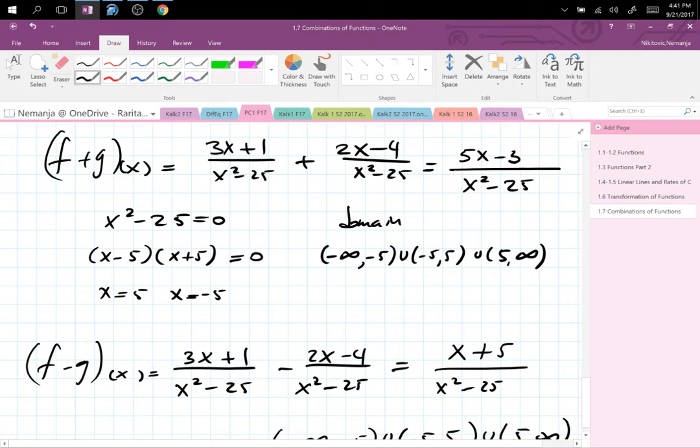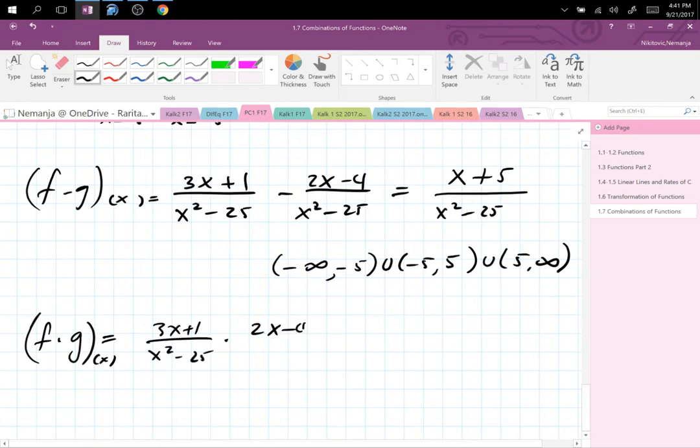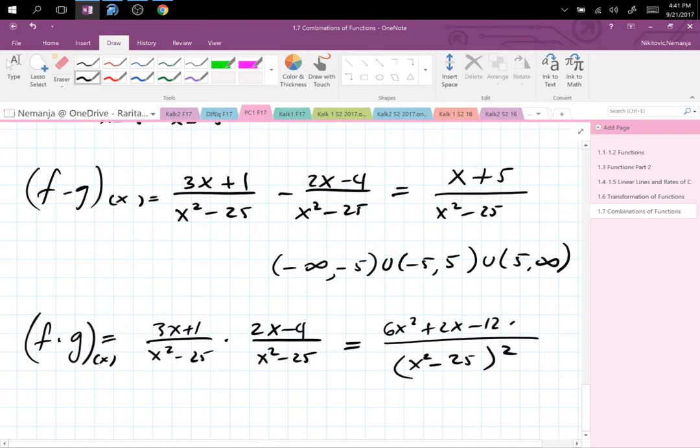So this idea will be built upon. (f times g)(x) is (3x plus 1) over (x squared minus 25) times (2x minus 4) over (x squared minus 25). We multiply, with (x squared minus 25) squared in the denominator, and in the numerator we have 6x squared plus 2x minus 12x minus 4.